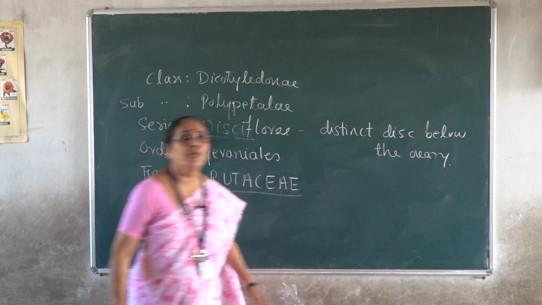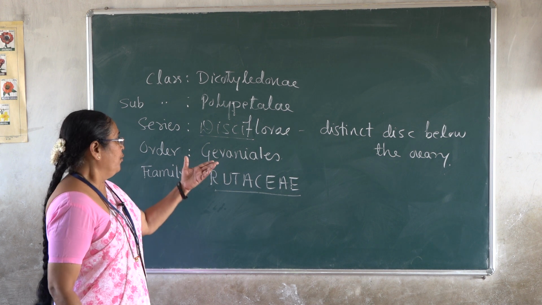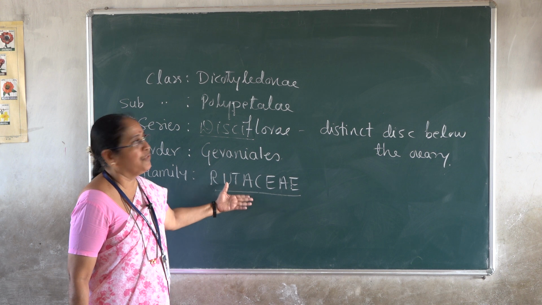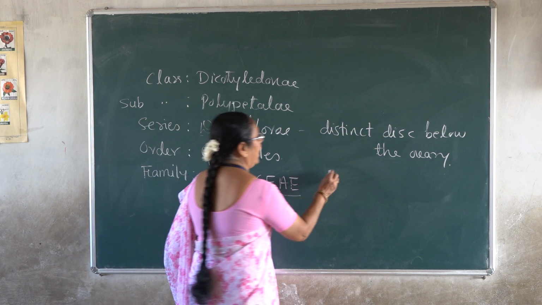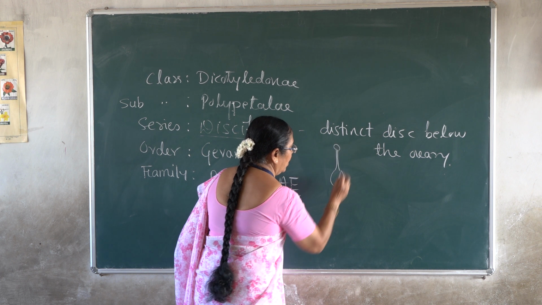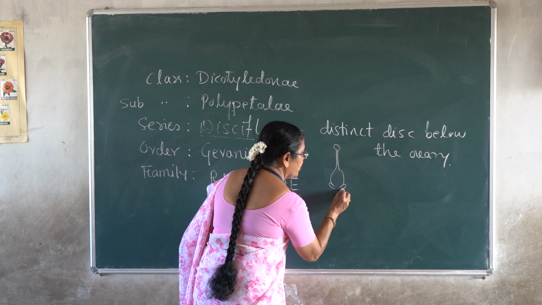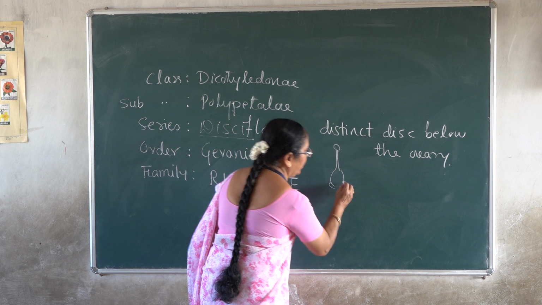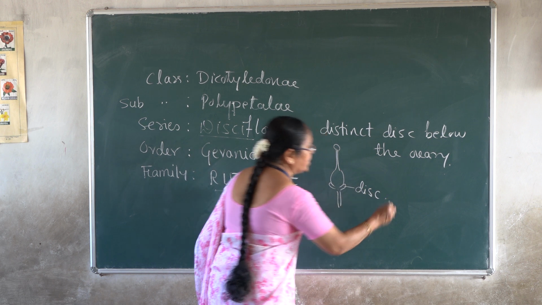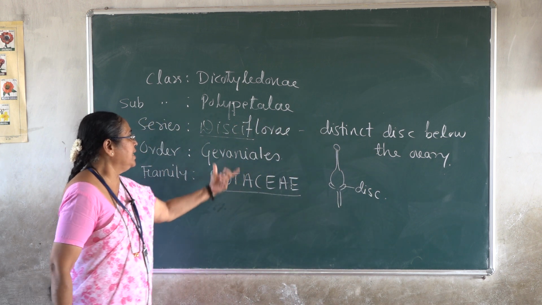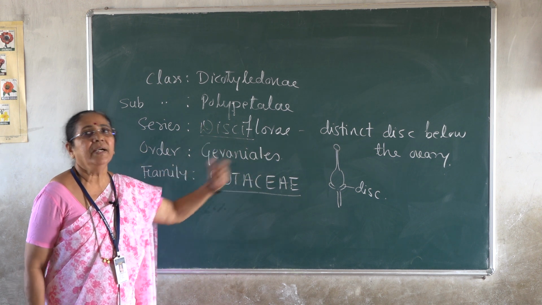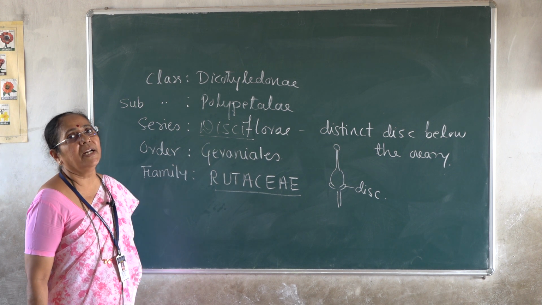If you dissect open the flowers which belong to Rutaceae and all the families which fall under the series Disciflorae, you will find that if this is the gynoecium, a very distinct disc is present below the ovary. Because of the presence of this disc, all these families are characterized by a distinct disc, and hence it is called Disciflorae.